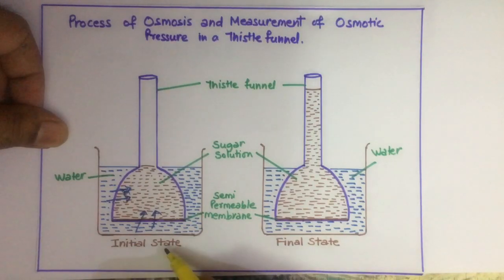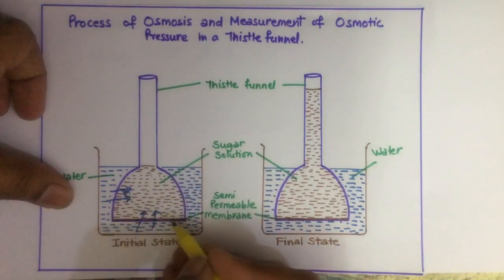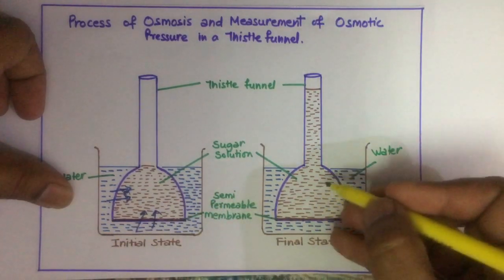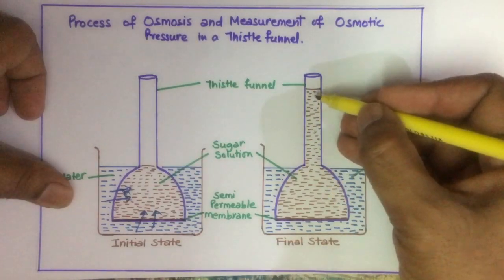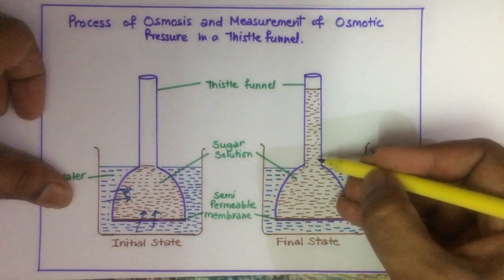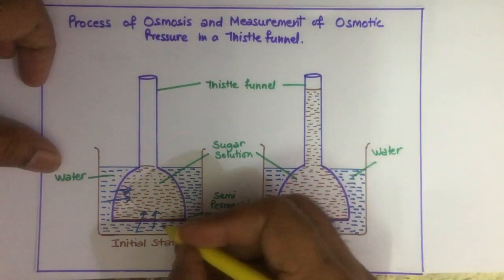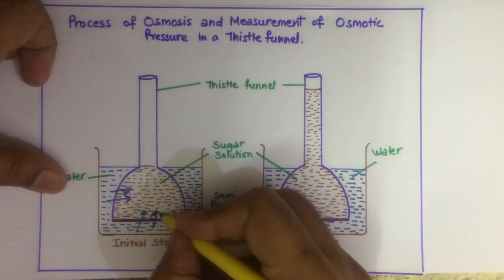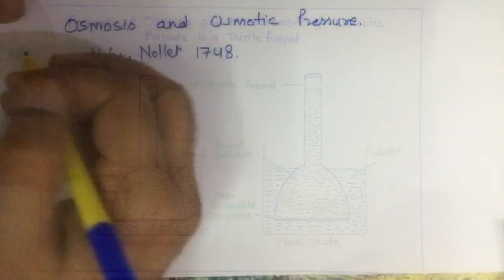This is the initial state, when the thistle funnel having a sugar solution and a semi-permeable membrane is lowered in the beaker containing water, and this is the final stage where you can see that the level of water rises in the neck of the thistle funnel. This movement of water molecules from pure solvent to the solution through a semi-permeable membrane is called osmosis.